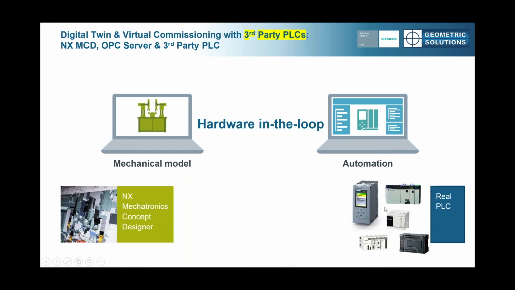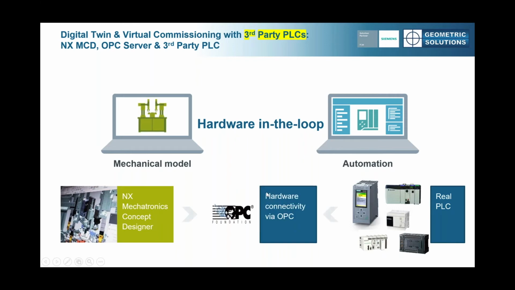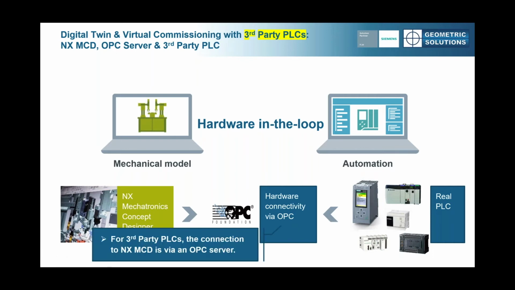You can see it at the bottom right. This hardware, it's now in the loop. We use an OPC UA server, and that gets these two programs to talk to each other, and we're still able to have virtual commissioning. And this works great for any non-Siemens hardware.